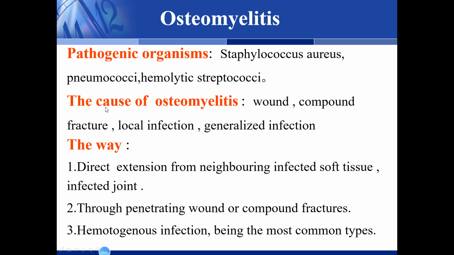The cause of osteomyelitis may be a wound, compound fracture, local infection, or generalized infection. The way is direct extension from neighboring infected soft tissue, infected joint, and through a penetrating wound or compound fracture, and hematogenous infection is the most common type.